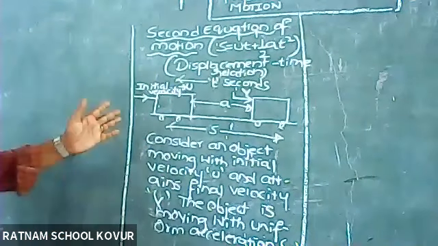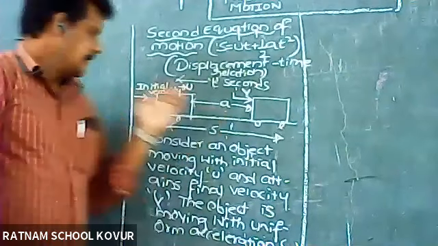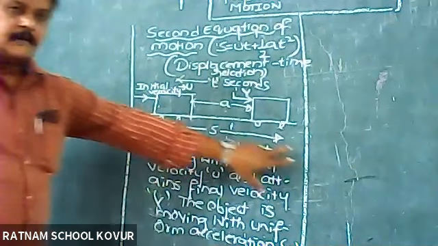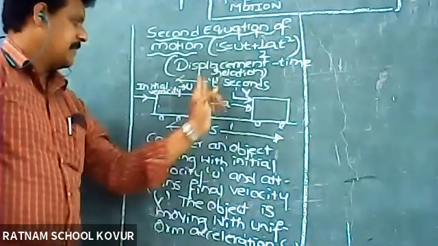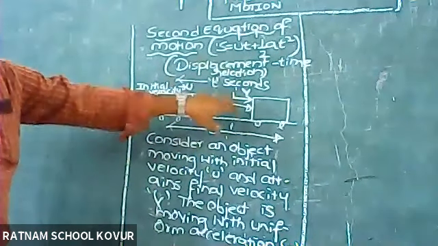So an object, or vehicle, is moving with initial velocity u, and it has traveled displacement s in time t seconds. After time t seconds, it has attained final velocity v.